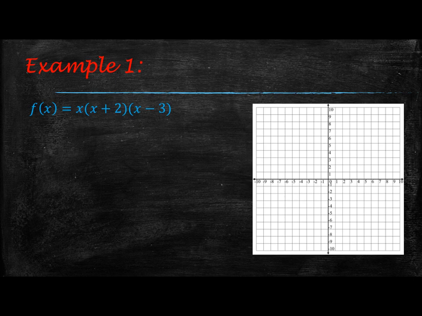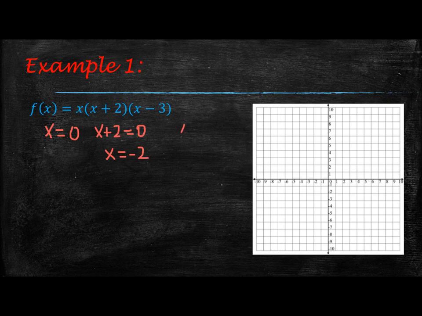The first thing you're going to do is find your x-intercepts, which means you're going to set all of those factors equal to 0 and solve. I take x and set it equal to 0. Well, that's already solved, so I will have an x-intercept at 0. Then I will take x plus 2 and set it equal to 0 and solve it, so I'll have another x-intercept at -2.